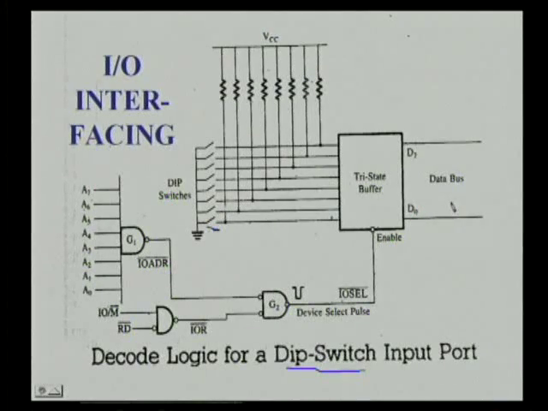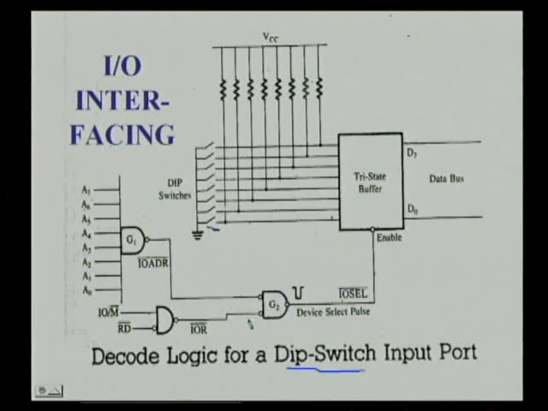This must be read by the processor through the data bus. So, how to select this tri-state buffer? As we saw in the previous block diagram, address pins A0 to A7 are used along with the control signal IO read bar, and they are ORed here, in fact, because a bubbled input NAND gate is equivalent to an OR gate.